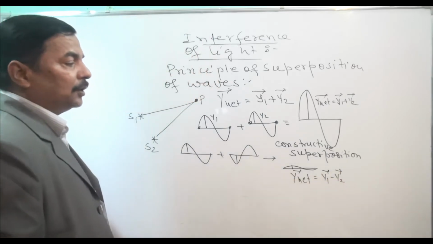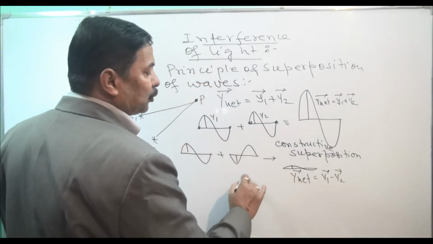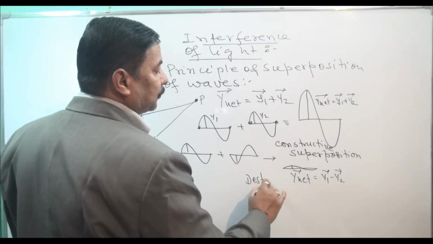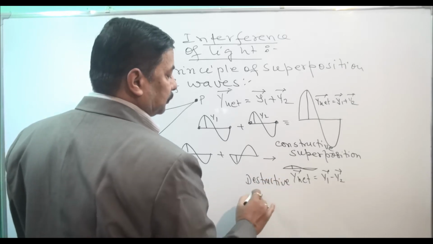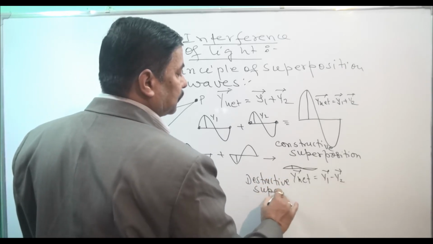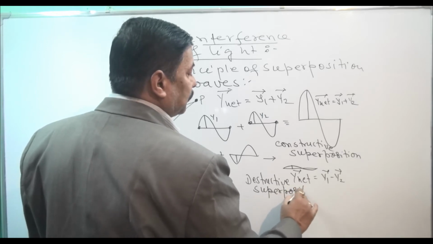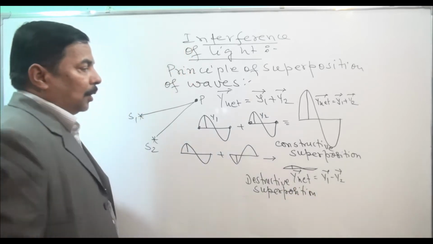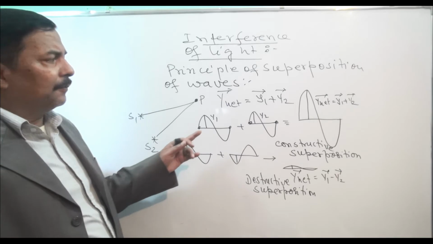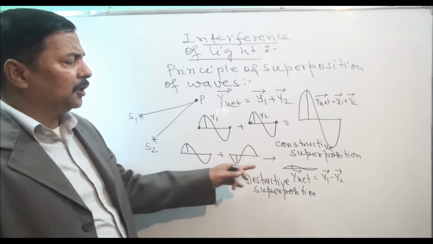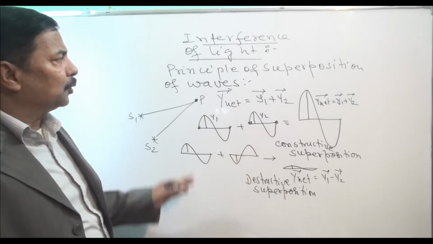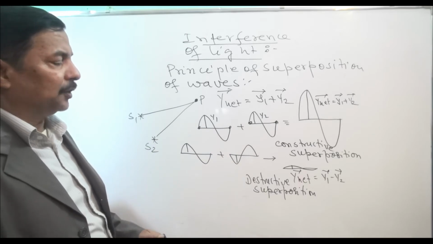Amplitude has reduced. So this is called destructive superposition. So two waves we have considered, and the net displacement is given in this way. So this tells about the principle of superposition.